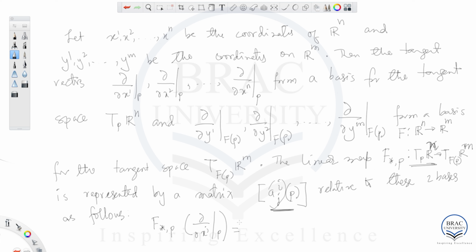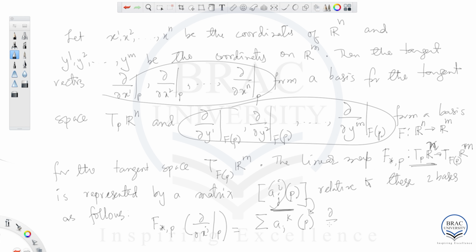we learned it in linear algebra, right? And since this is the matrix representation relative to these two bases, we must have this equality: a j k at p, so just plugging in the entries from here, del by del y k at f of p, where k runs from 1 to m.